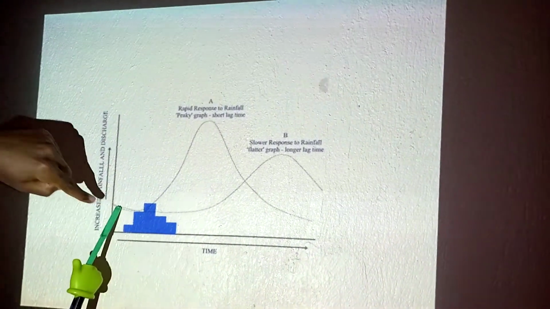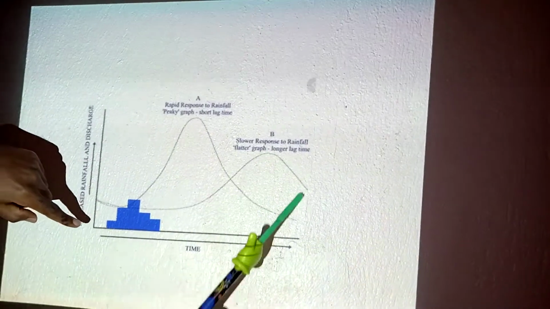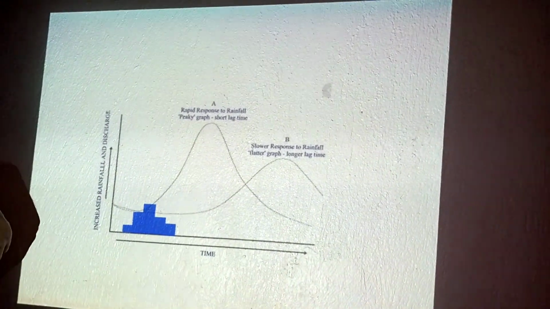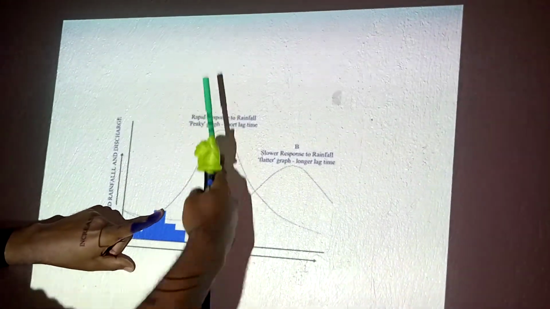Why? Liquid precipitation will quickly flow, while solid precipitation will first melt before it flows, so it will take time, and that's why the time lag here will be shorter.